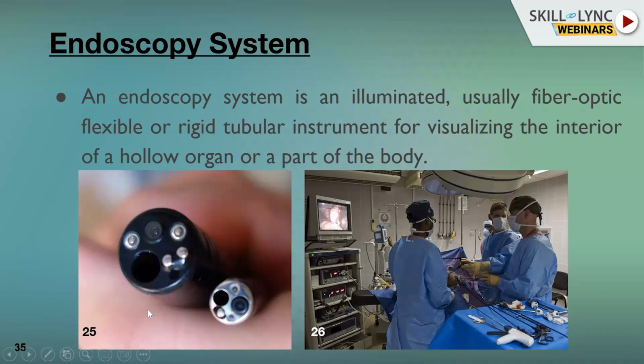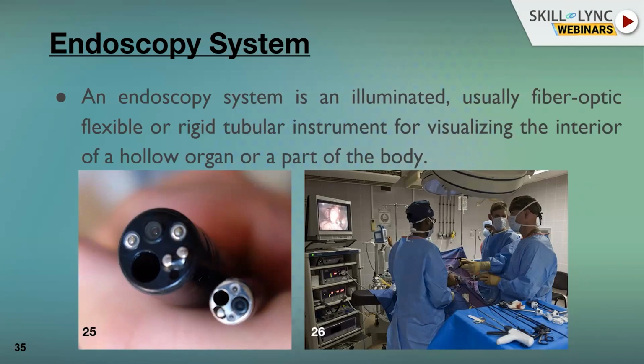Then the big hole you can see here is used for the working channel. That means any scissor or forceps, any surgical instrument can be used, so that you can take out the biopsy material, or the tissue, or sometimes if there is a blockage you have to remove, so we can use.